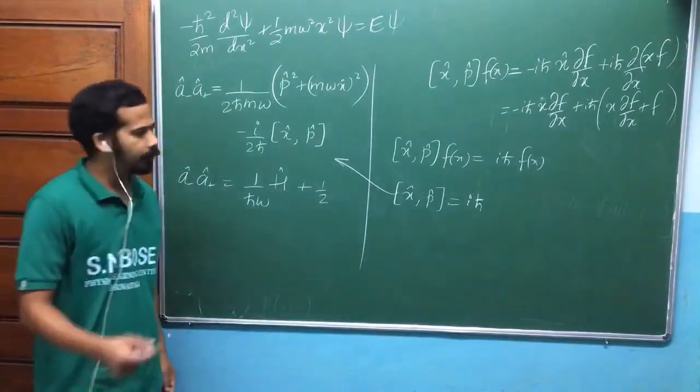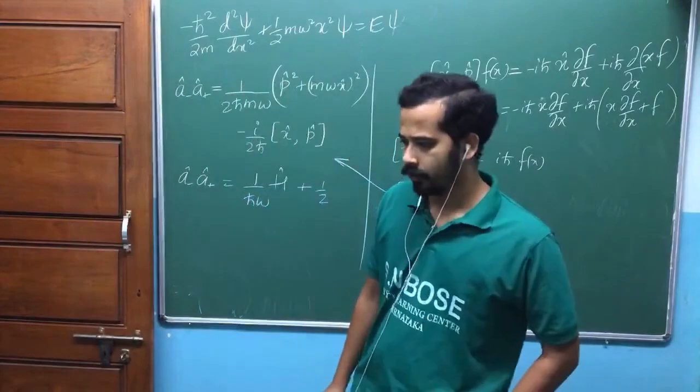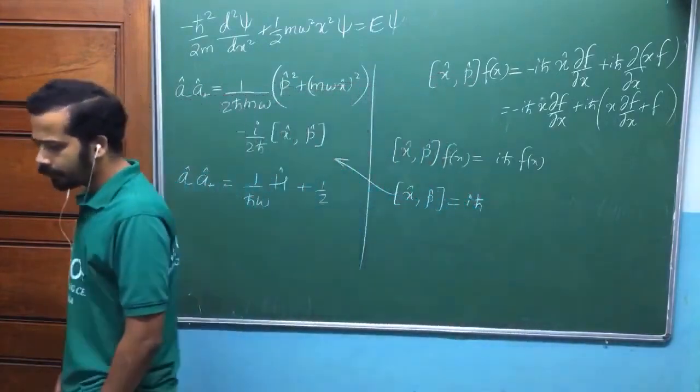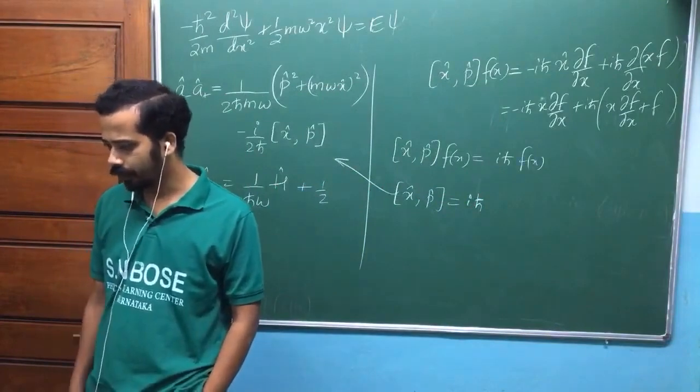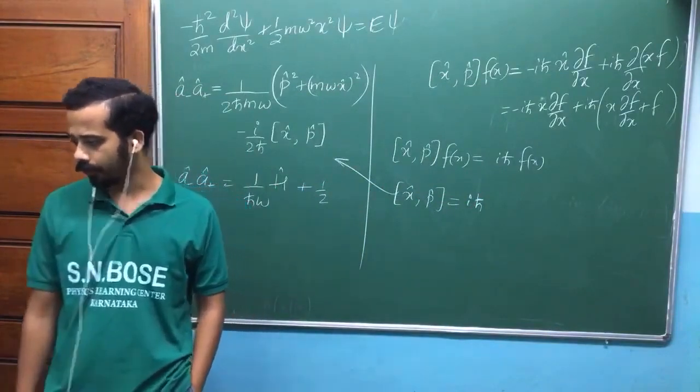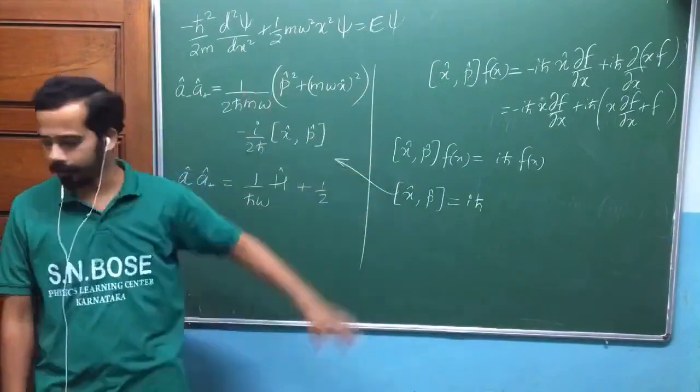If an operator operates on a constant, then if it is a derivative operator you will get 0. If it is the x cap operator, it's just multiplying by x cap. It's all operator property, not a property of what you are operating on.